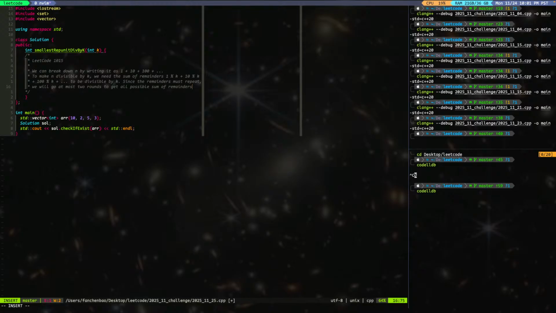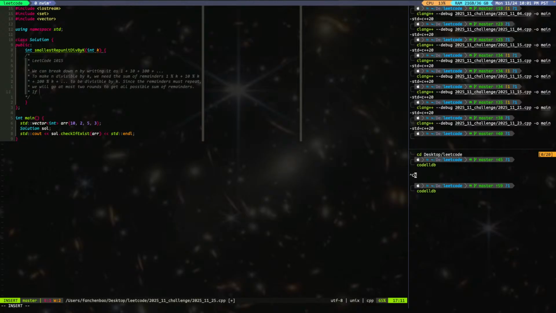It's the sum of remainder get repeated. And sum of remainder gets repeated. That's not true, because you can keep adding and then you get sum, and then you're repeatedly adding the same, and we have some remainder, and so it's 2 rounds. We have all possible sum of remainders.